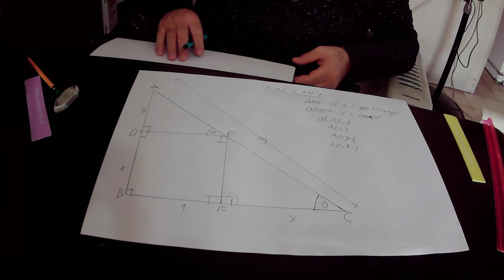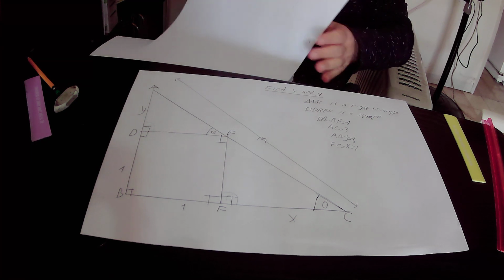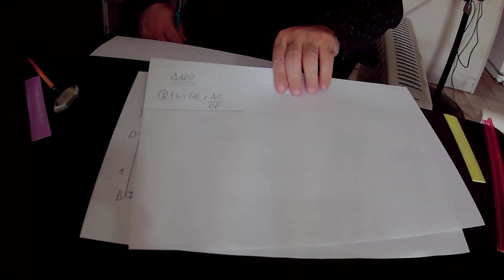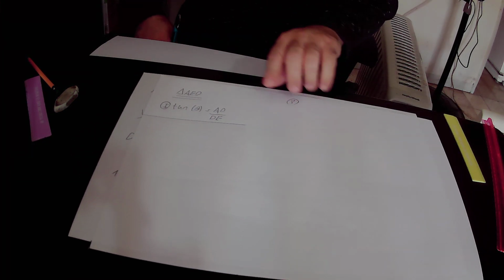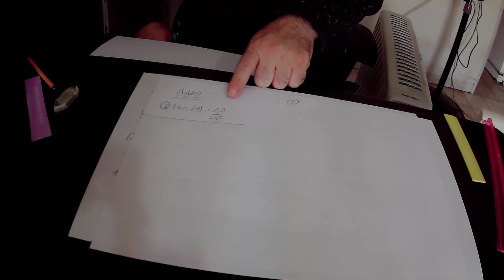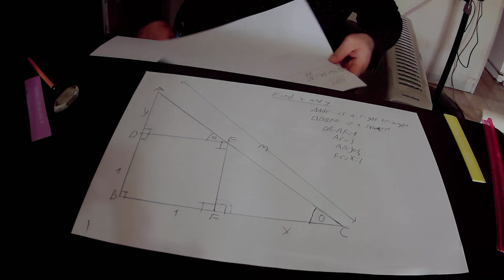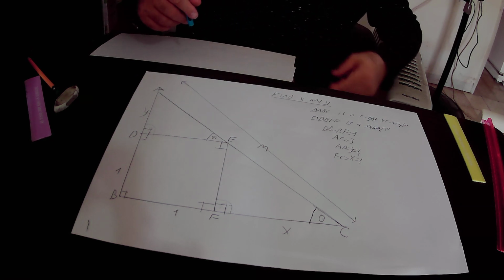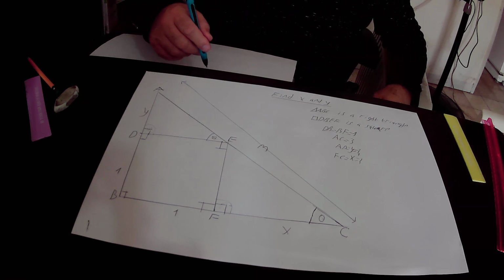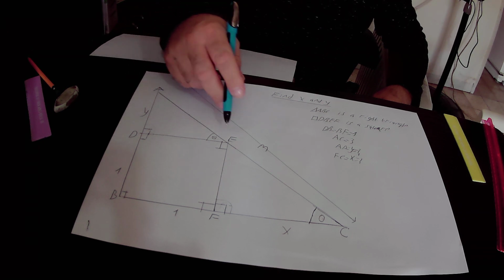I will repeat again. In the right triangle, triangle AED, we know that tangent theta equals AD over DE.